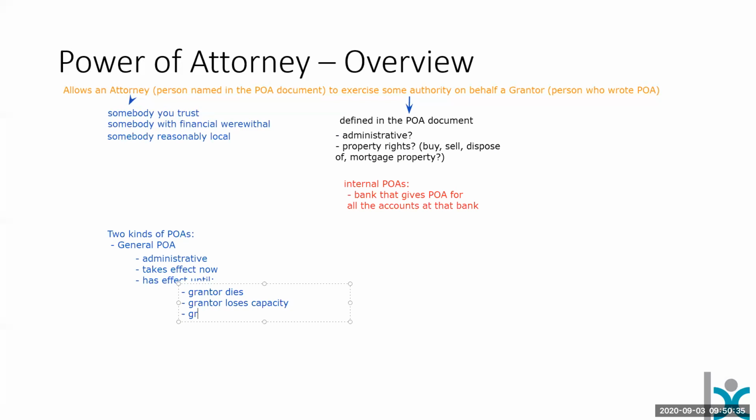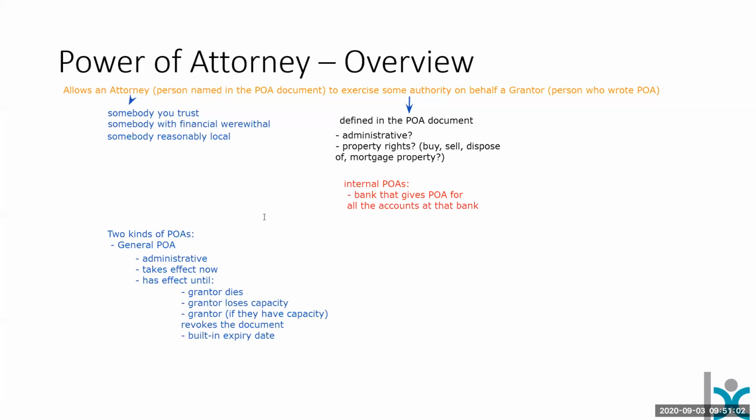Or the grantor, if they have capacity, revokes the document, or there might be a built-in expiry date. Does that all make sense? So when any of those things happen, that document would end.